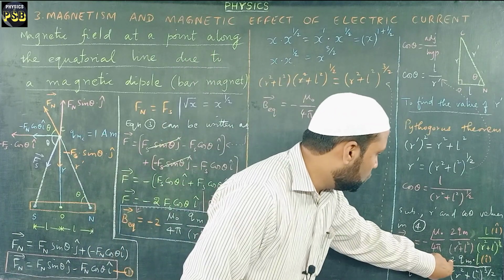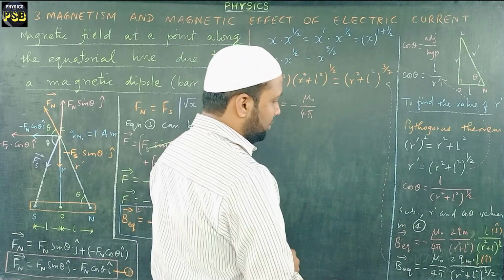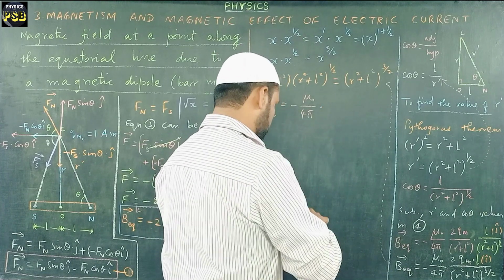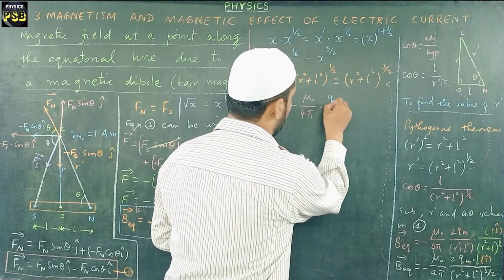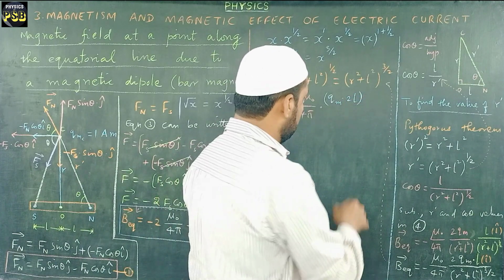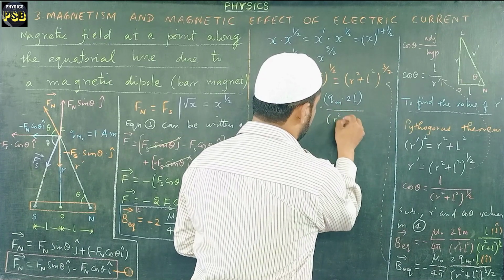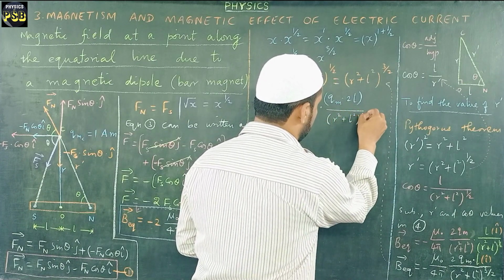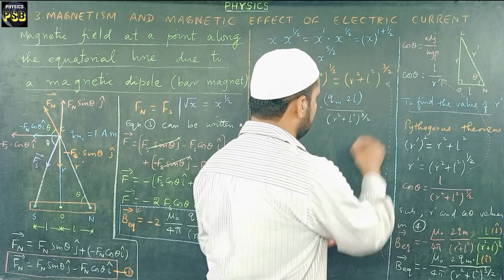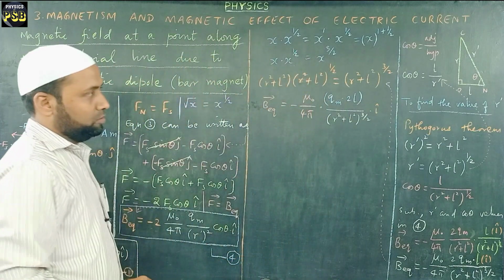Then here we have 2 QM multiplied with L. Now this can be rearranged as QM multiplied with 2L divided by R square plus L square power 3 by 2. Okay, and here we have I cap, which provides the direction.